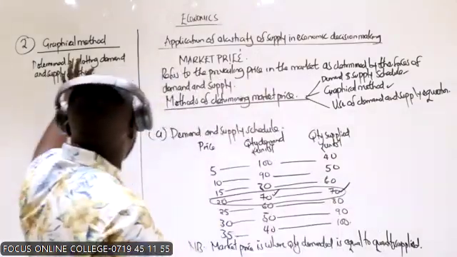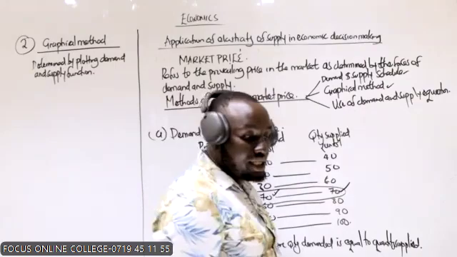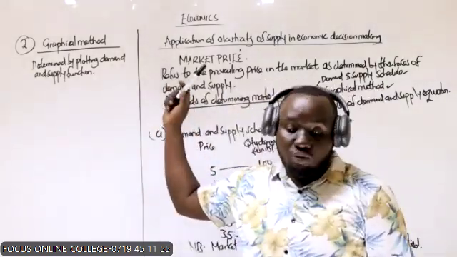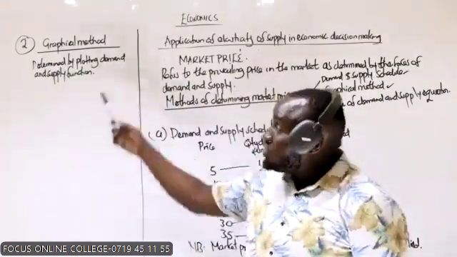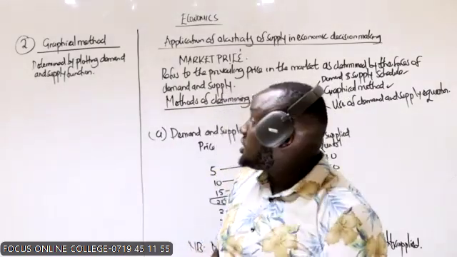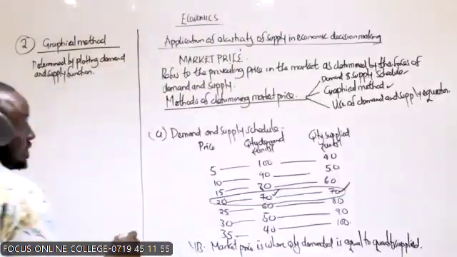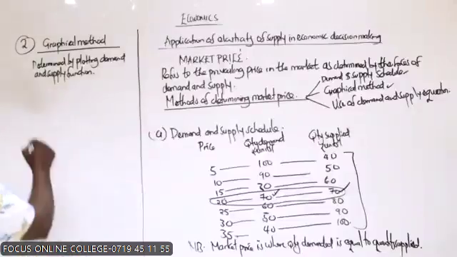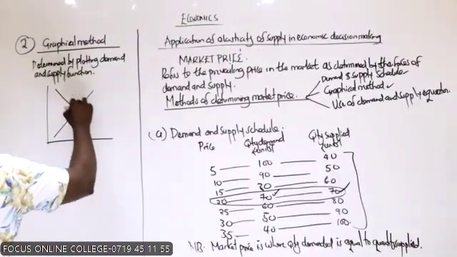So then we talked about the graphical method, and we say that on the graphical method we are basically plotting the demand and supply functions. But based on this information, we cannot plot; the only thing we can do is sketch. If we sketch, we should have information flowing like this.